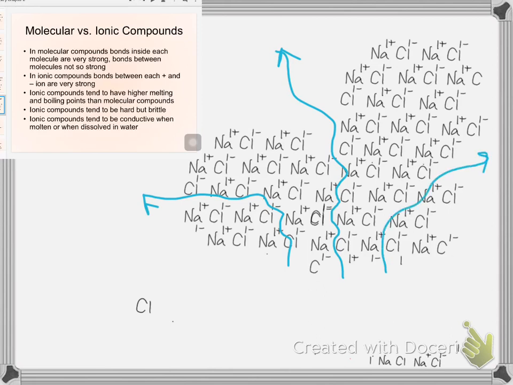And what you end up left with is a bunch of ions in solution, a bunch of charged particles in solution. When you have charged particles in solution, you got something that will conduct electricity. We call it an electrolytic solution. So ionic compounds tend to conduct when they're dissolved in water.